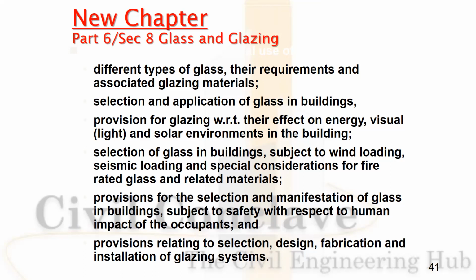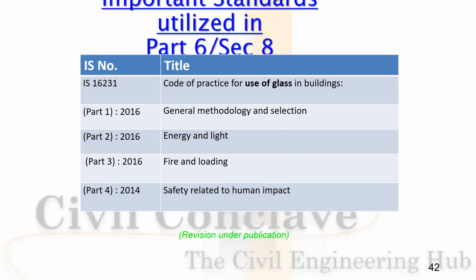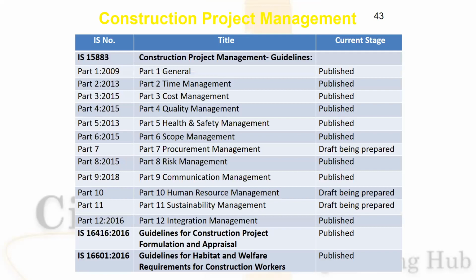Provision relating to selection, design, fabrication, and installation of a glazing system. The reference codes are IS 16231, Part 1 2016, Part 2 2016, Part 3 2016, Part 4 2014.